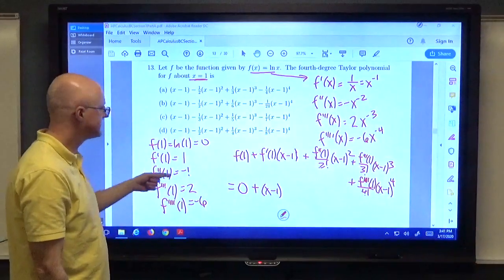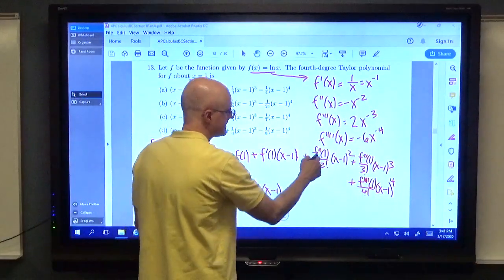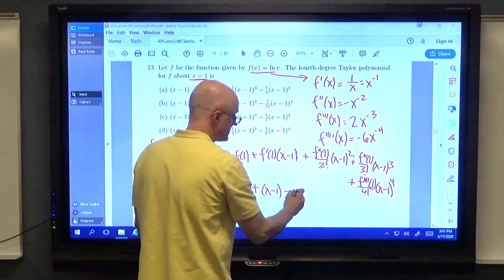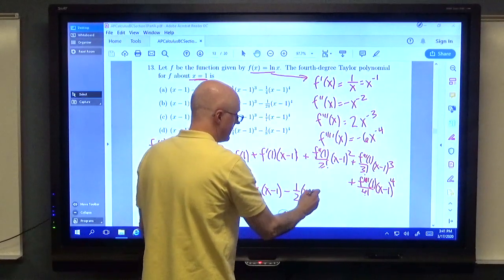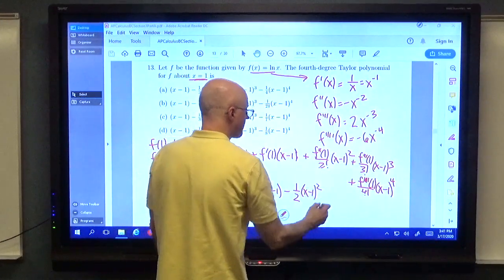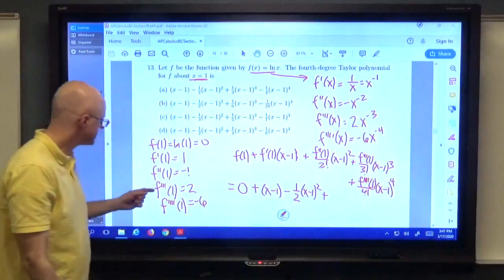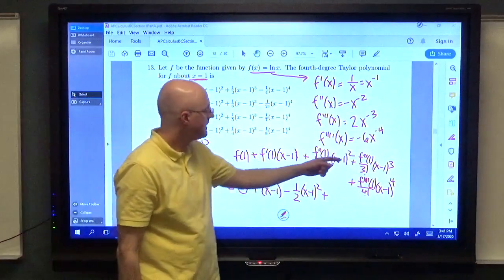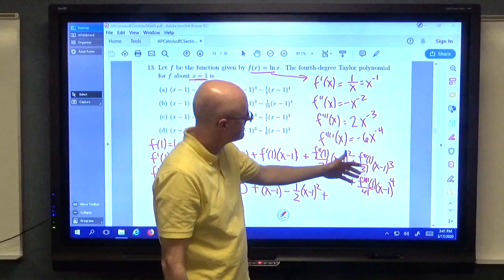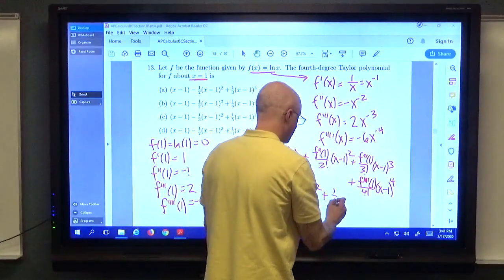f double prime of 1 is negative 1, so we get minus 1 over 2 factorial, which is minus 1/2 (x minus 1) squared. f triple prime is positive 2. Positive 2 divided by 6 is positive 1/3.